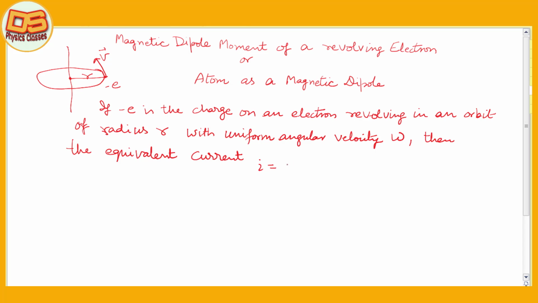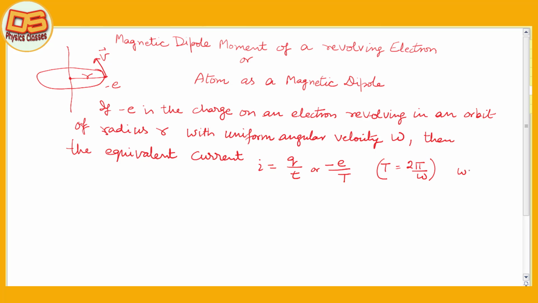I is equal to q upon T, or minus e upon T, where T is the time period of revolution of the electron, and T is equal to 2 pi upon omega.